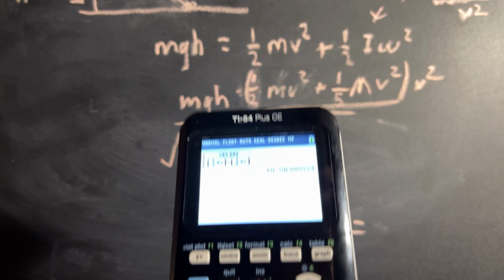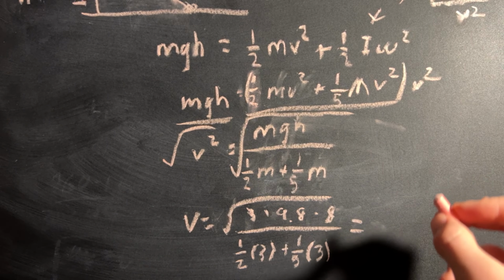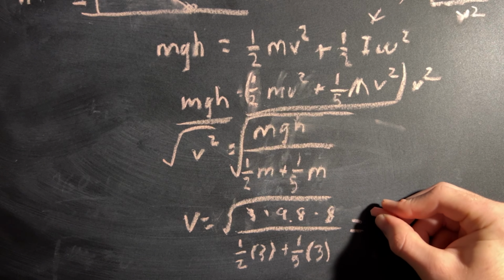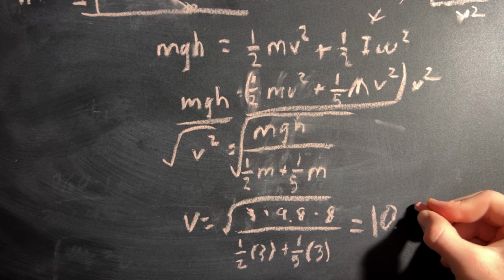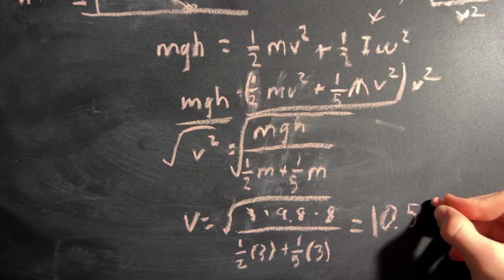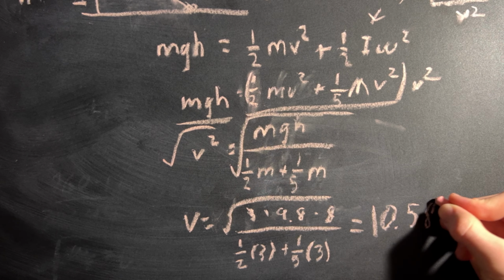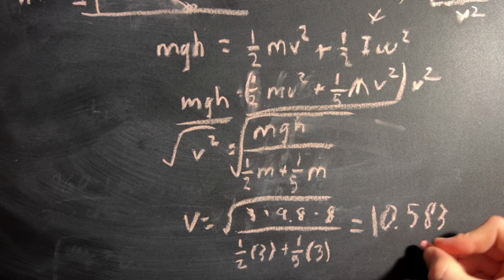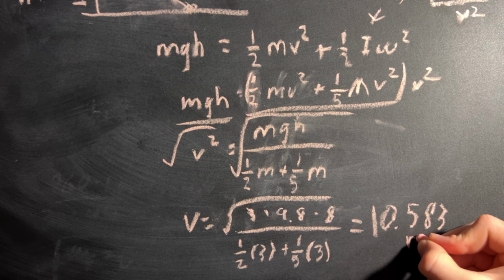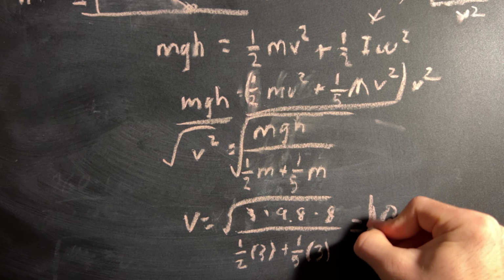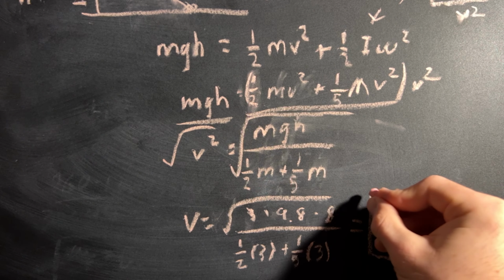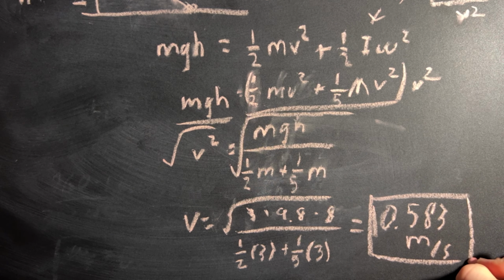And our final velocity at the bottom of the inclined plane is 10.583 meters per second. And there you have it.